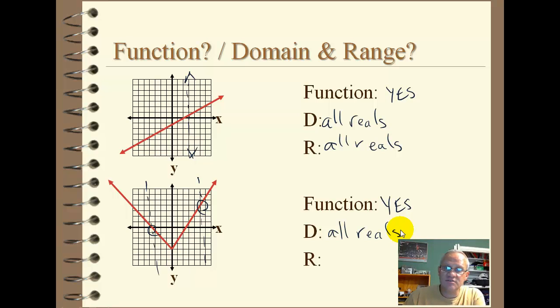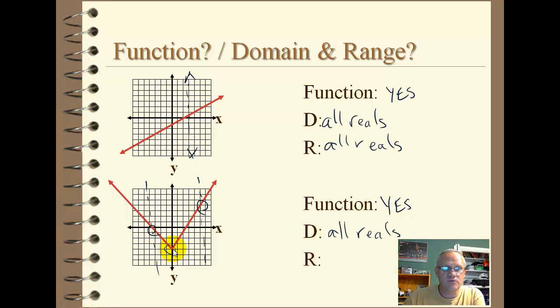The range, now it's a little different. Okay, so now think up and down here. So going up, will one or both of the arrows keep going up? Yes. So they'll keep going up forever, but will they both go down? Or will one of them go down? No. They stop at a certain point. This point right here is the point where they stop. They don't go any further down.